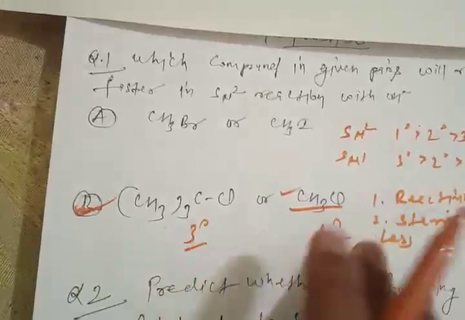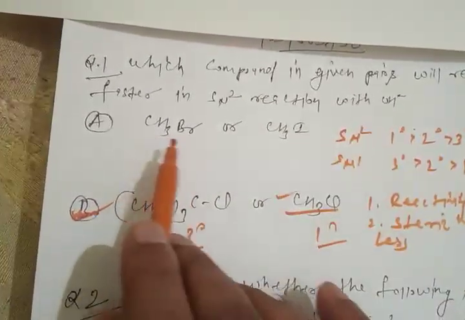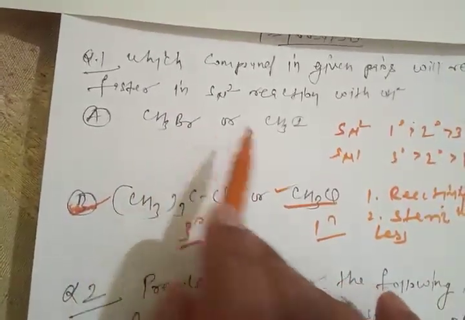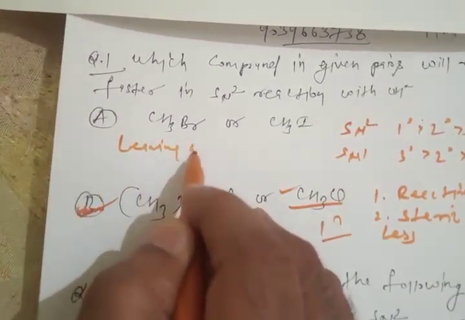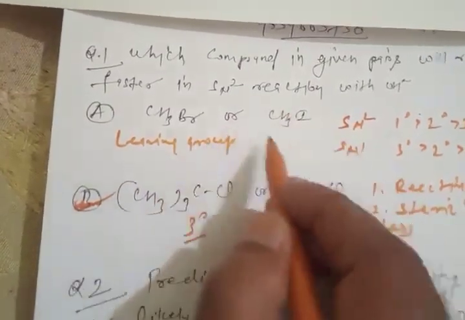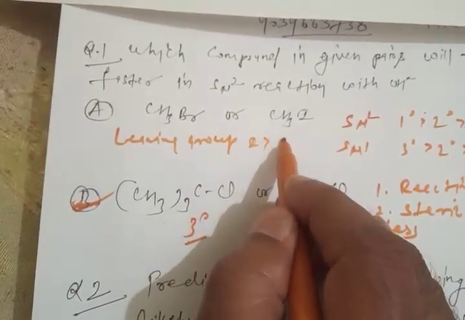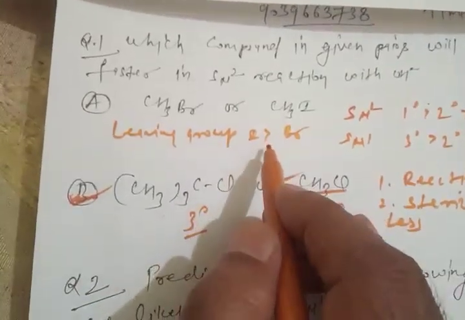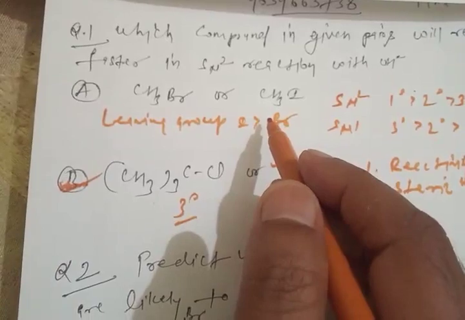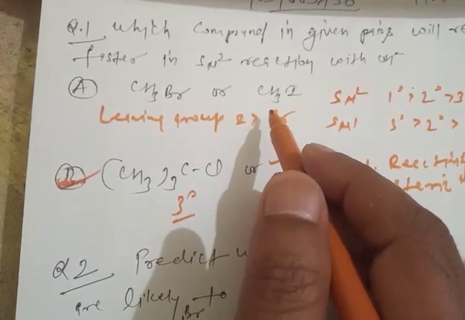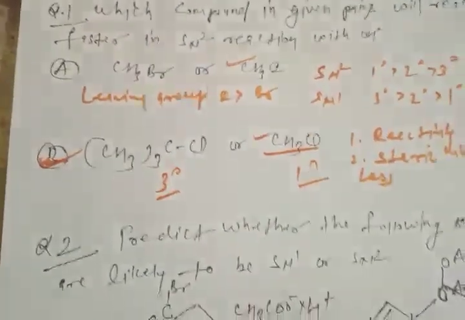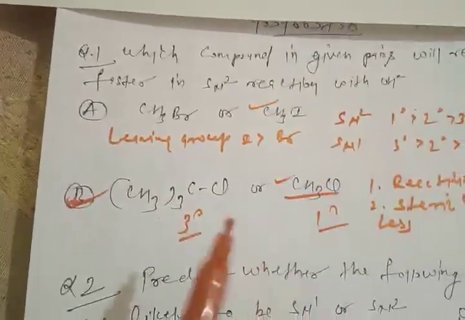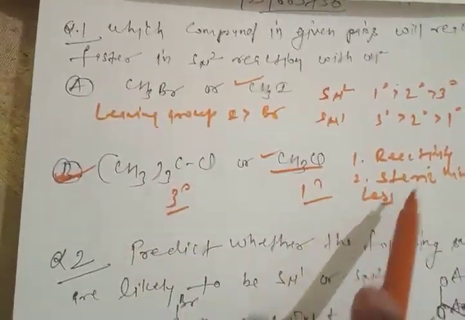And we know the leaving group ability is higher in case of iodine, whereas in case of bromine it is relatively lesser. So CH3I has a better leaving group, so this will be the answer. So the reasons are the leaving group in this case, and less steric hindrance in this case.